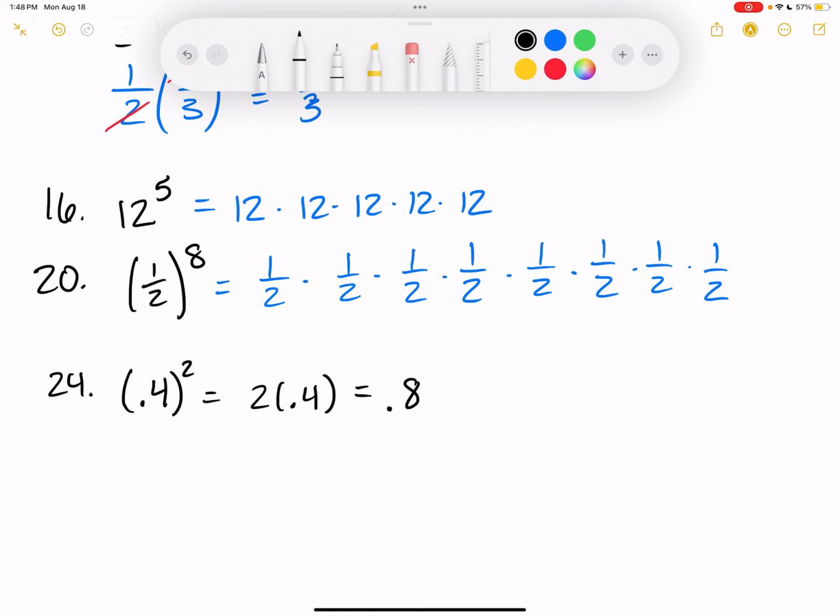What I usually tell people to do is write the problem statement down, like 0.4 squared, and then solve it the way it should be, and then figure out what the student that did this did wrong. So how would I write this correctly?